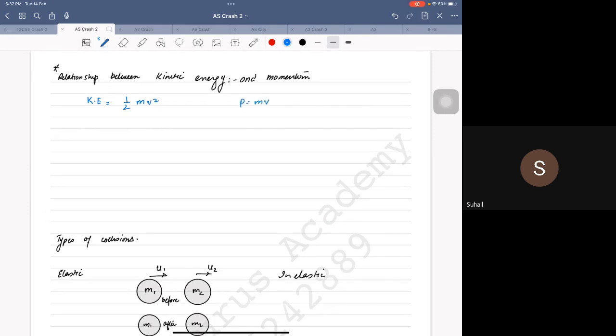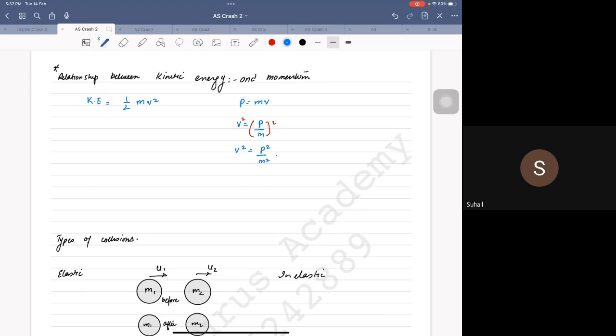Now both have mv in them, which means there has to be a relation. So we make v the subject, which gives momentum over mass, and then we square it. So v squared equals p squared over m squared. You guys agree? Okay. Yes.